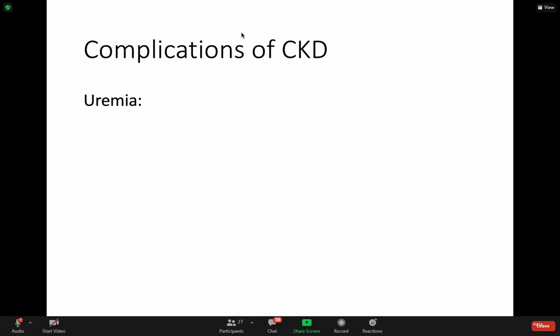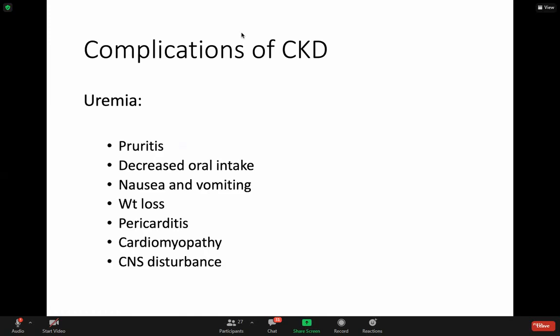Nausea, vomiting, itchiness. What are the signs of uremia? Altered level of consciousness. Uremic pericarditis, meaning you hear a pericardial rub.